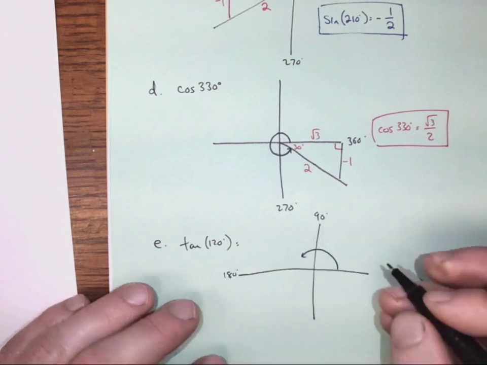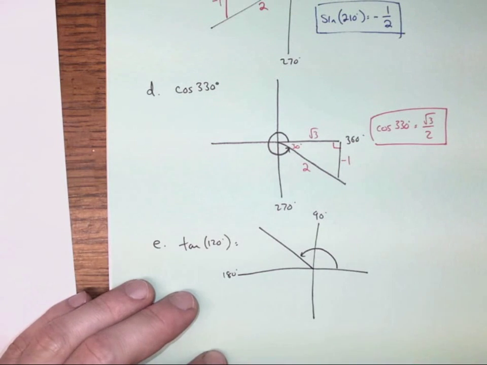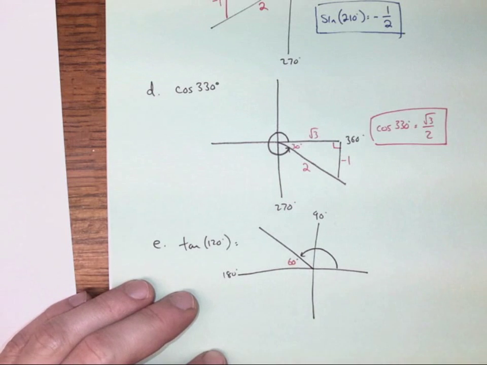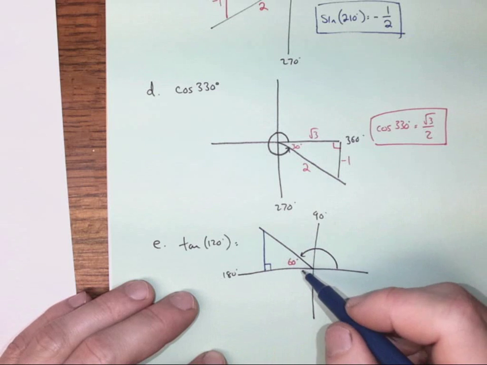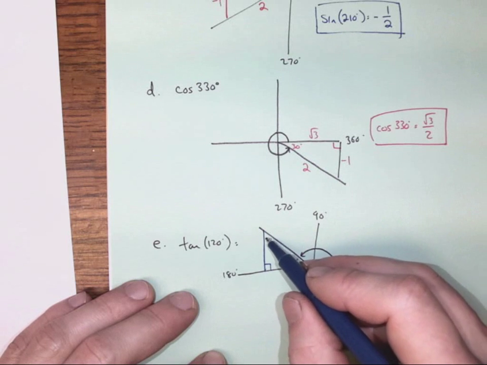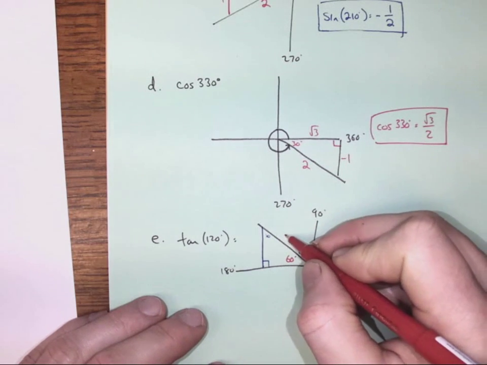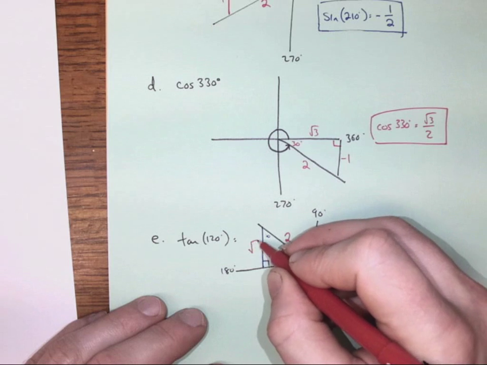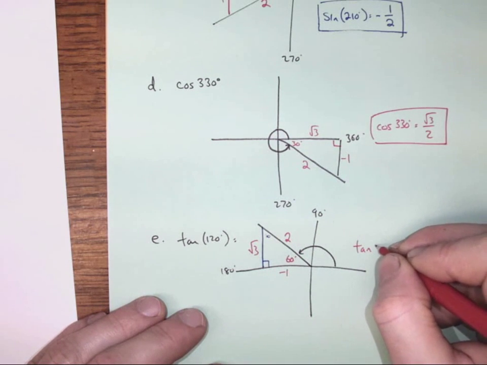This is not to scale, so our reference triangle is going to have 60 degrees here and 30 here. So that means we'll have a 30, 60, 90 triangle. So 2, negative 1, and the opposite will be root 3. So tan of 120 degrees is going to be our opposite divided by our adjacent, which is root 3 over negative 1, which simplifies to negative root 3.